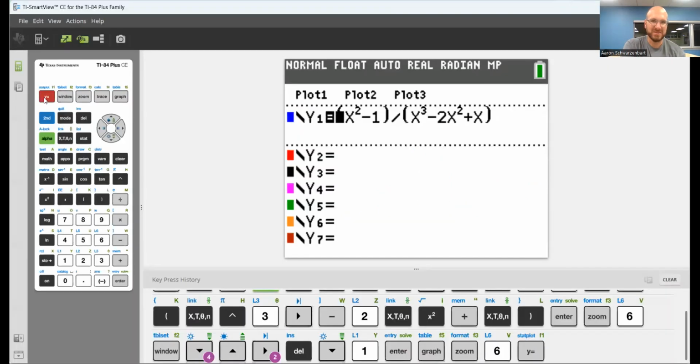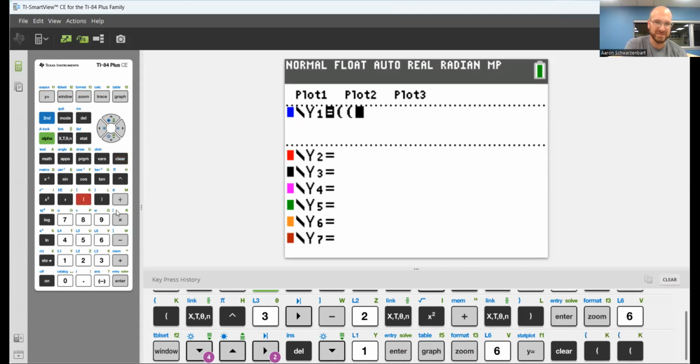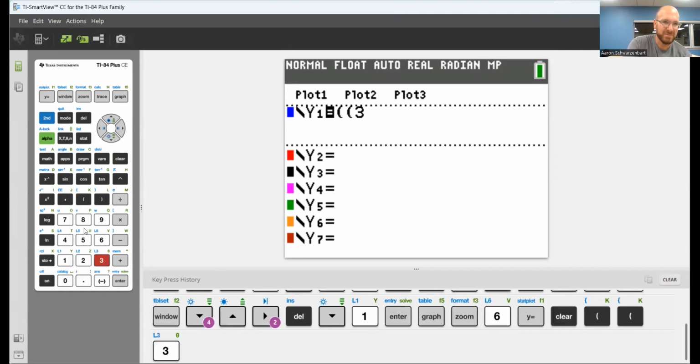So to enter this, I'm going to start by clearing this. Yes, on this calculator, I would use alpha and the X button because that gives me a fraction. But if I didn't have this calculator, I'm just going to enter a second set of parentheses around my numerator. So I got parentheses, then parentheses, 3x minus 5.